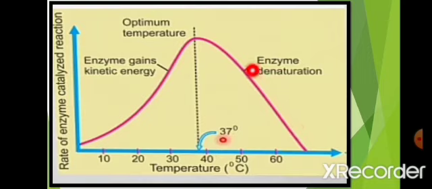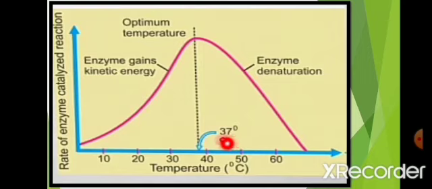When we have to show the graph, we have to show on the x-axis rate of enzyme catalyzed reaction, and on the y-axis we have to show temperature. Temperature at which the human enzymes work at their maximum rate is 37 degrees Celsius.